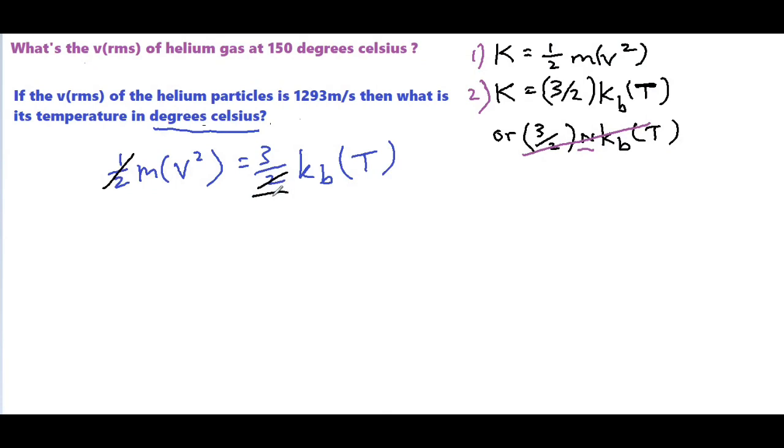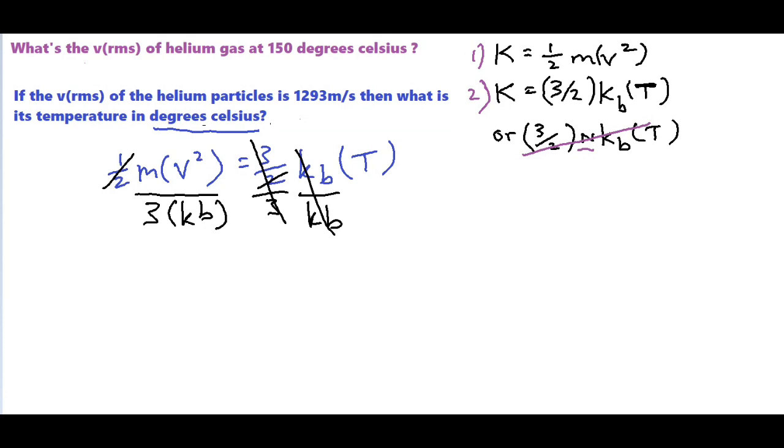We want to divide both sides by 3, and then we want to divide both sides by Boltzmann's constant. So slide our kb over here in the denominator. All right, now we are ready to go.